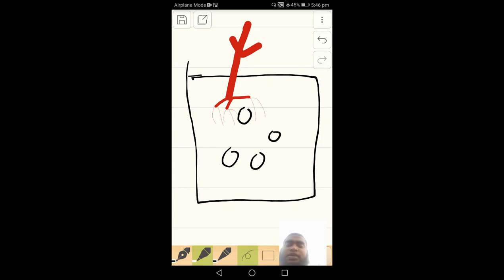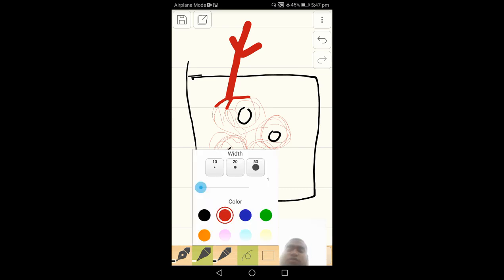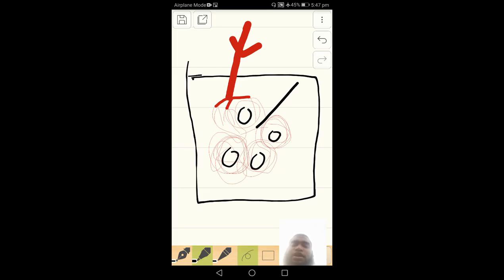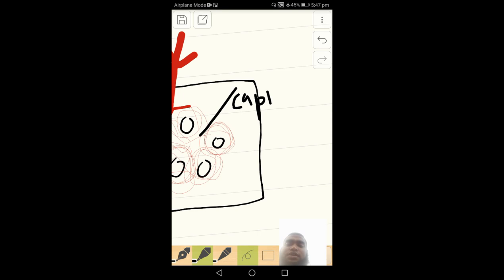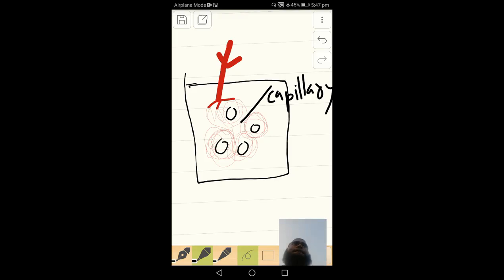These smaller vessels go across the cells, surrounding the cells, and these very small blood vessels we call capillaries. The smaller blood vessels that pass by the side of the cells, we call capillaries.